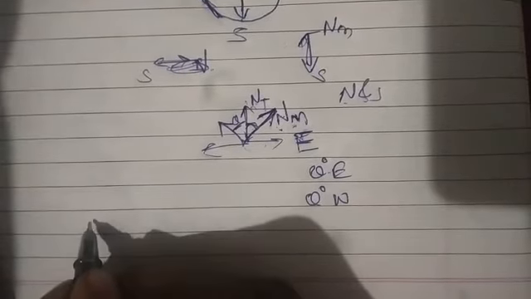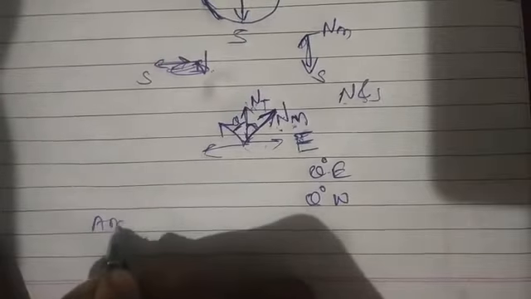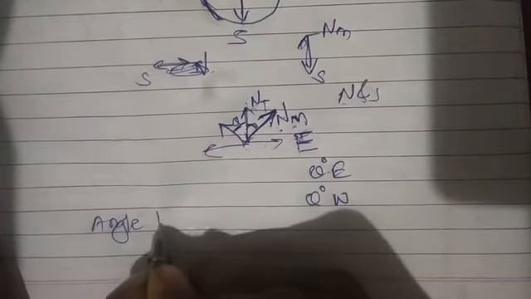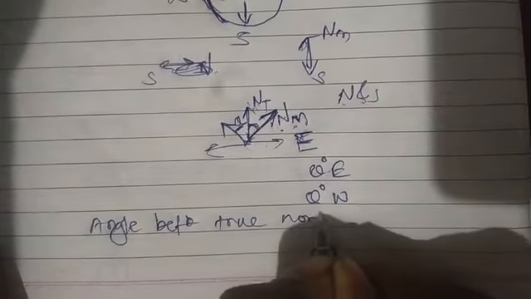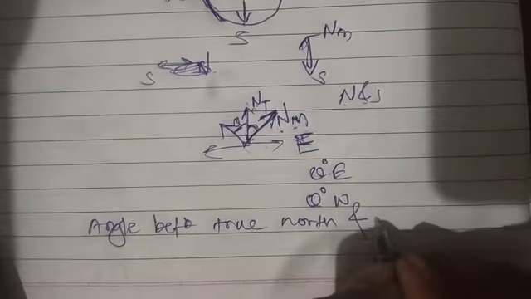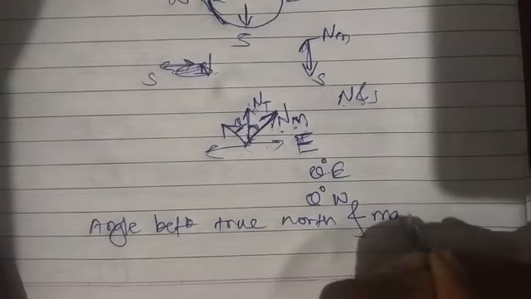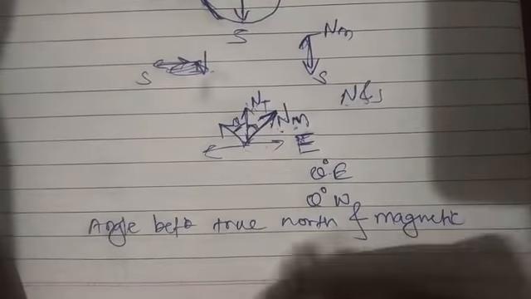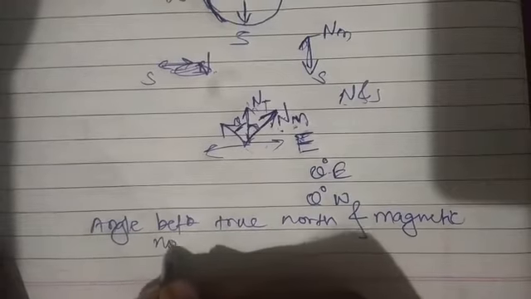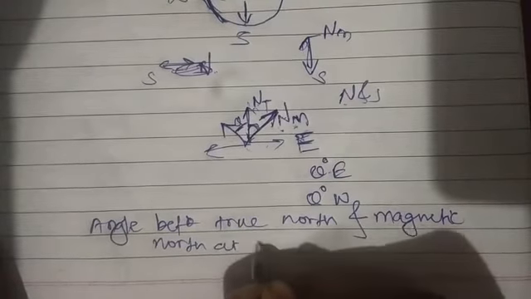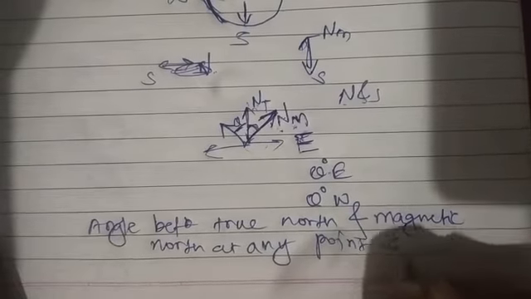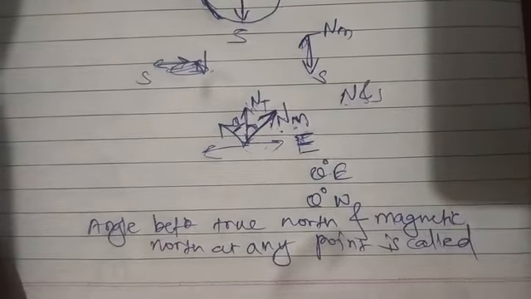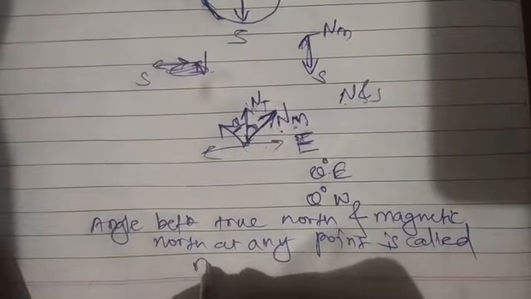So how will you define the magnetic declination then? Angle between true north and magnetic north at any point is called magnetic declination.